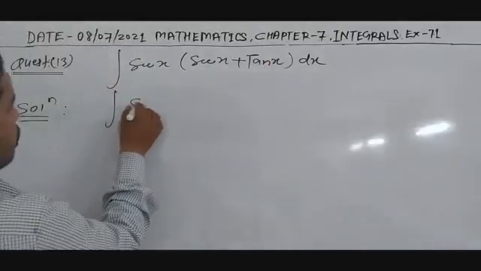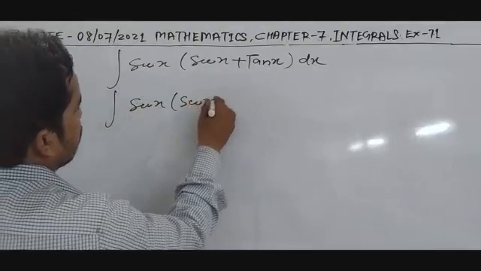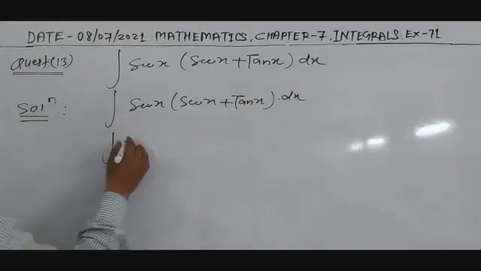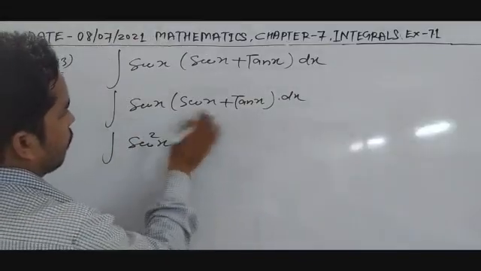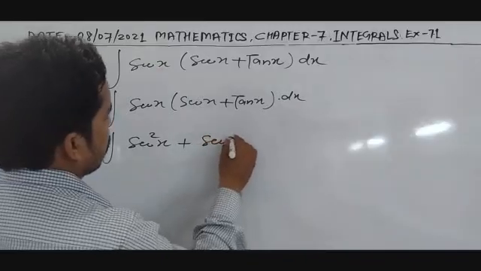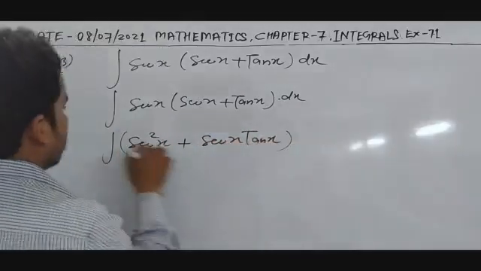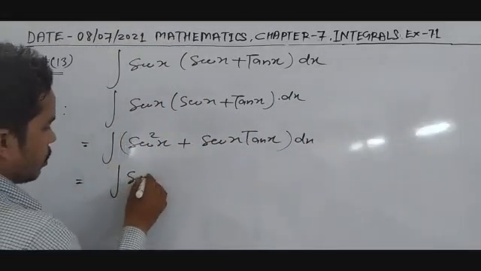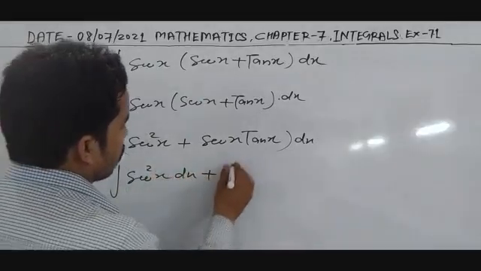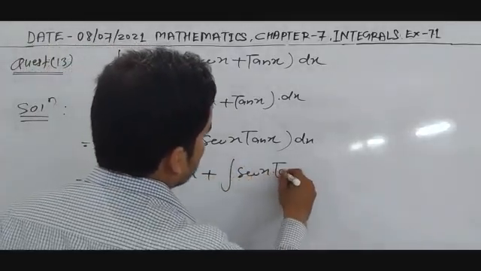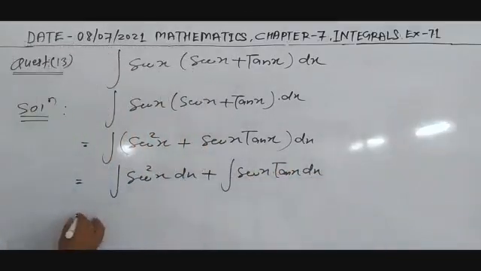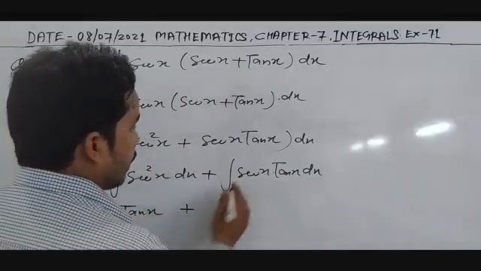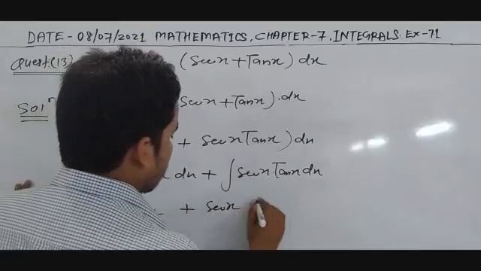So write the function which we have to integrate, and now simplify, multiply sec x in the bracket, split the integral into two parts, and sec square x integration you know, that is tan x, and now sec x into tan x integration is sec x, now plus c.